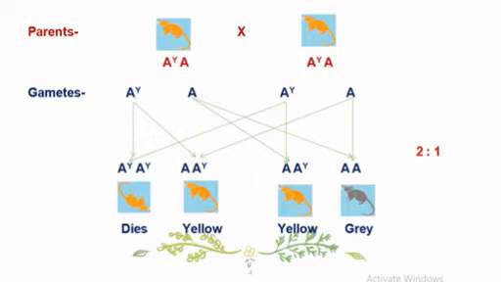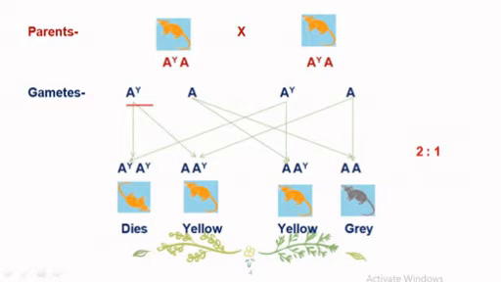They will give rise to gametes. Suppose this is AY, A. When the first allele of the first mouse crosses with the alleles of the second, it will give rise to such types of offspring. Here you can see, if AY of the first parent crosses with AY of the other parent, what will happen?